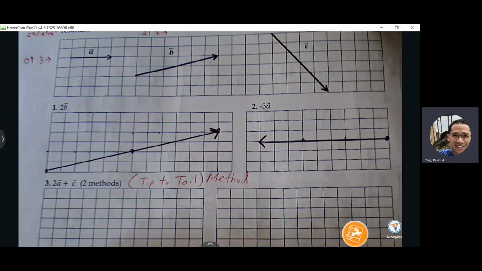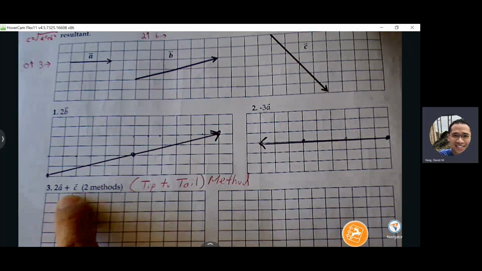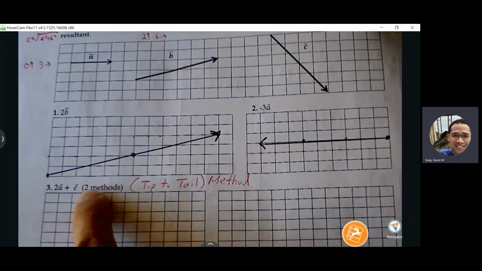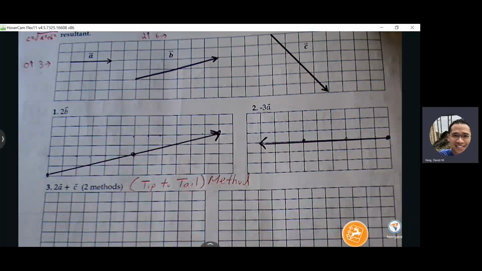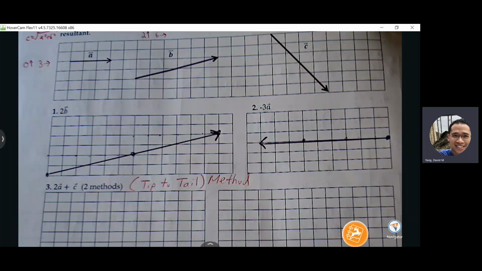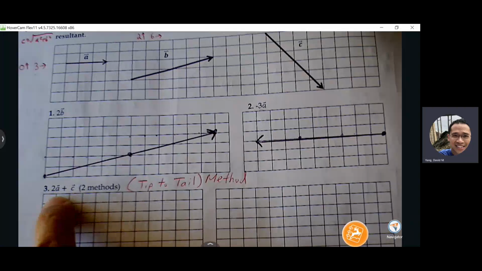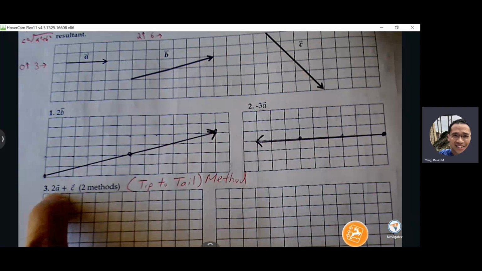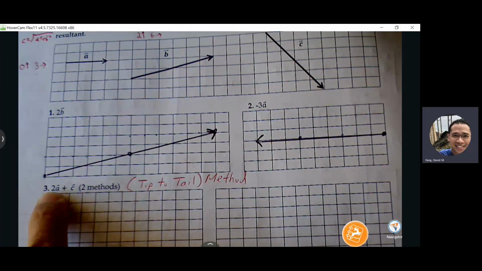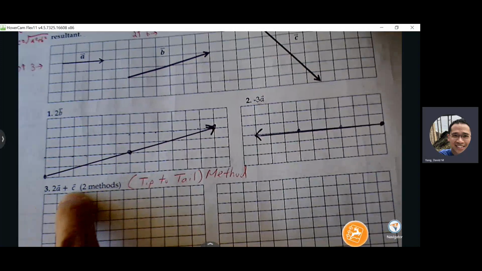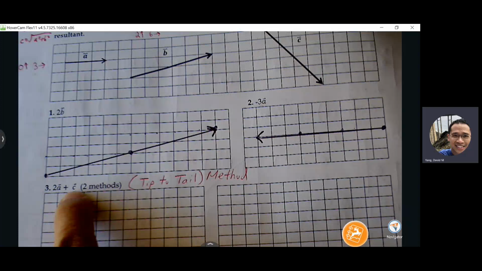So number 3, now we're going to be adding 2 vectors together. It says 2 methods, but I think it's easier to just show you one method. It's called the tip to tail method. We draw out the first vector, and then wherever the first vector ends, we make the second vector begin.